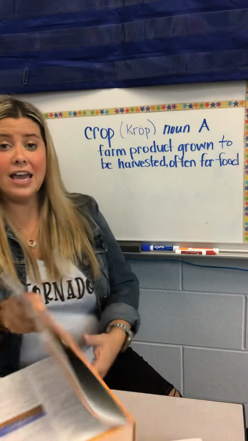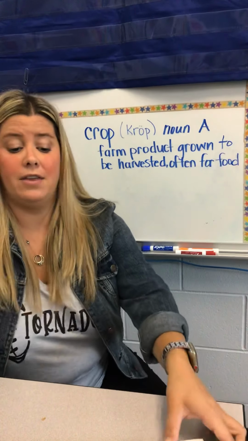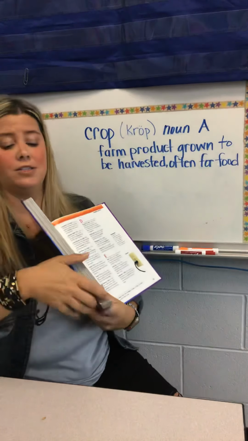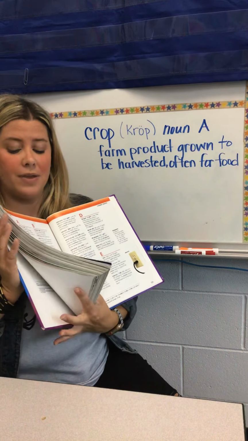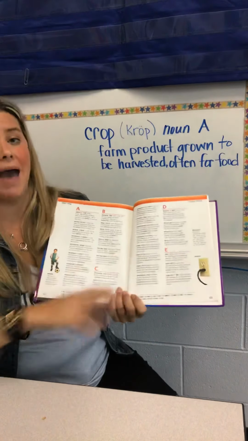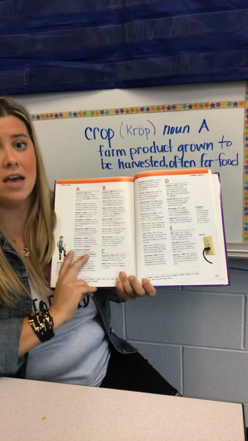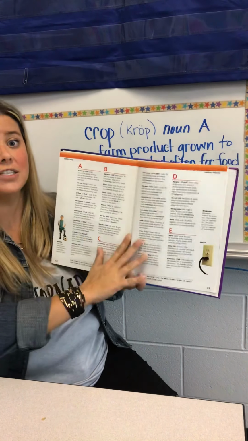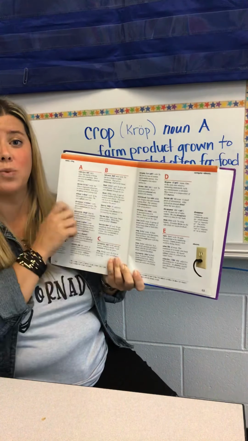So in your reading book, if you pick up your reading book and go all the way to the very back, you have to turn past all these pages. You have something in the back, and they call it a glossary, but a glossary and a dictionary are very similar, okay? A glossary means that it just has words from your story.